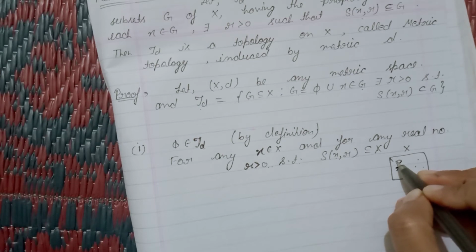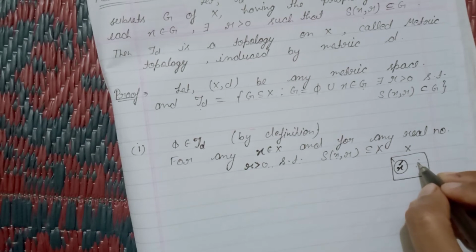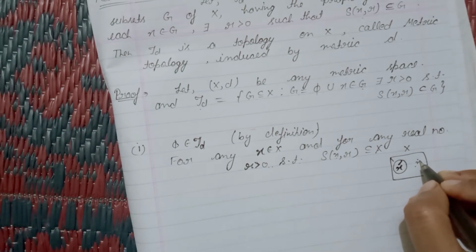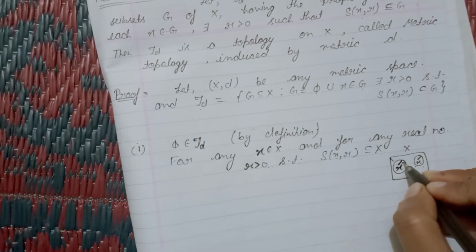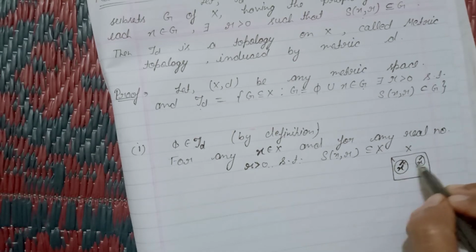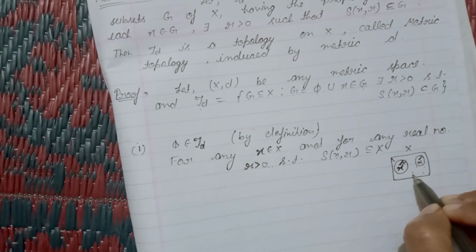We can draw an open sphere like this, right? Here also, if I take a point x, then also we can draw an open sphere with center x and radius r. This is the radius r, right? So we can also draw here, right?